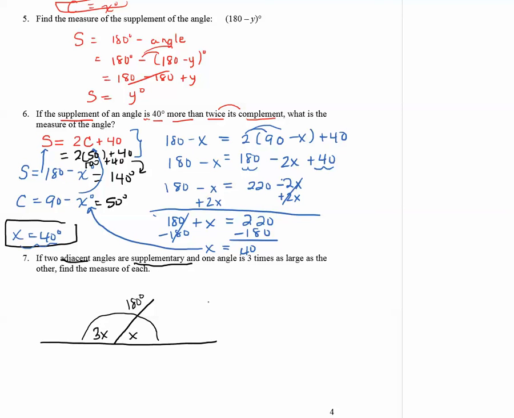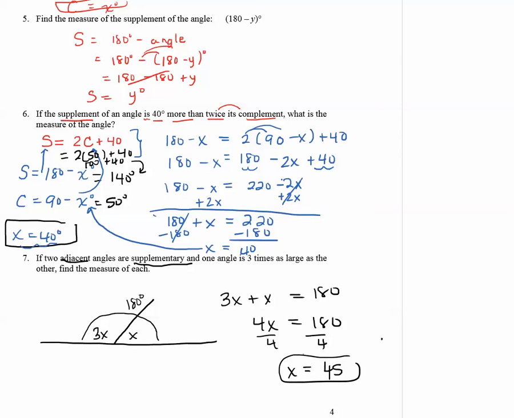So I can write an equation: 3x plus x should equal 180. And 3x plus x is 4x. So 4x equals 180. To solve for x, we divide by 4, and 180 divided by 4 is 45. So the measure of the angle x is 45 degrees.